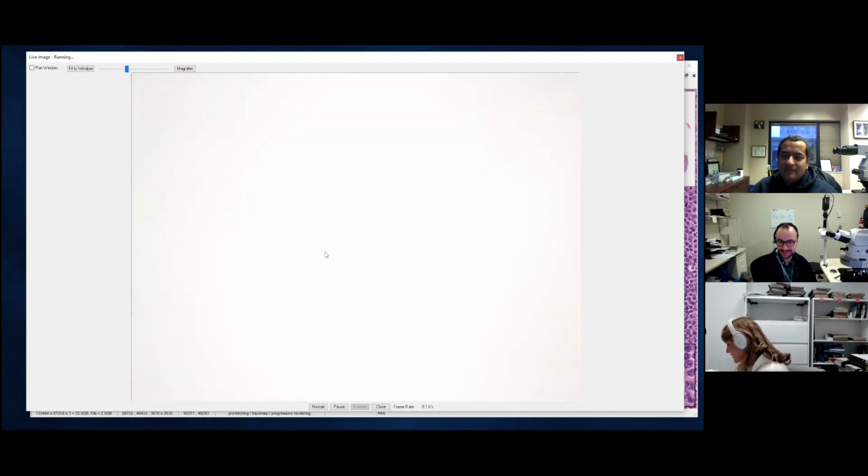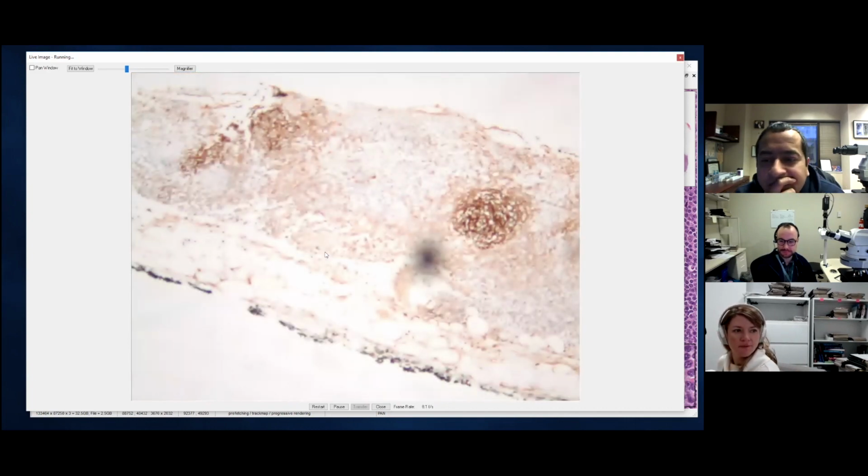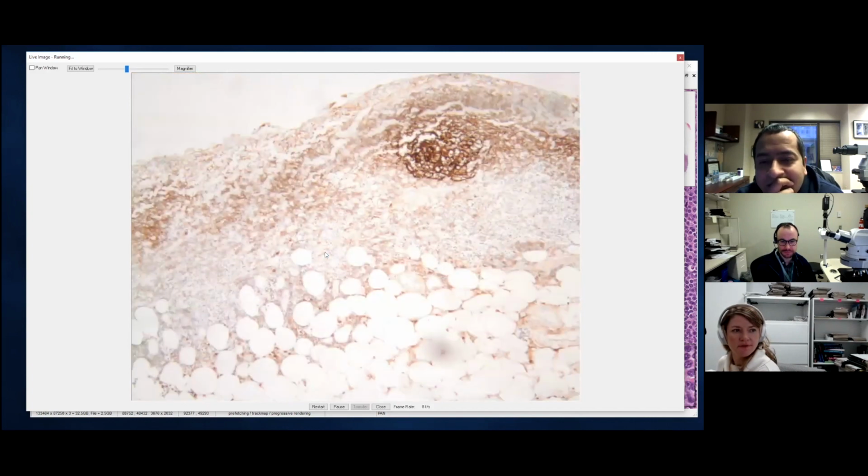That's a nice one. My other favorite one to get is the CD21, because sometimes you don't see the residual germinal centers in there. Maybe you have a MALT lymphoma that's almost all plasma cells or something, and you're like, is this really a MALT, or am I dealing with a plasmacytoma, or what's going on?